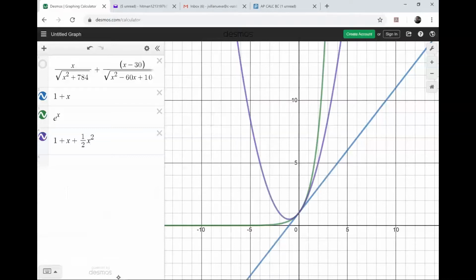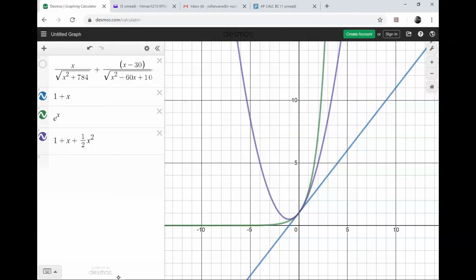So look at the two functions. Obviously the green one is my e to the x function. That's the right function. My blue one is the first degree approximation. My purple one is my second degree approximation.